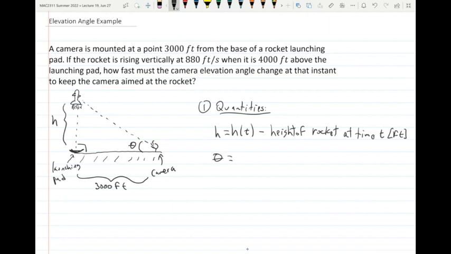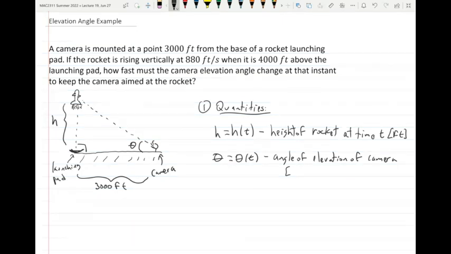Okay, so theta, that's another quantity. Does everybody agree that theta also depends on time? And what does theta represent? The angle of elevation of the camera. And what are the units here? You need to understand what units you're going to use.